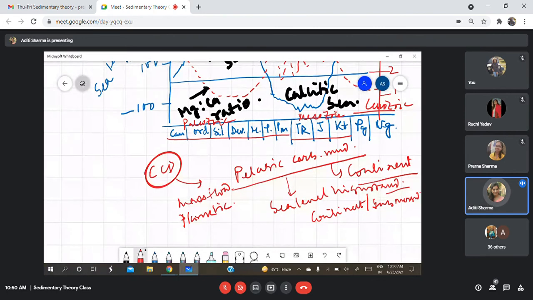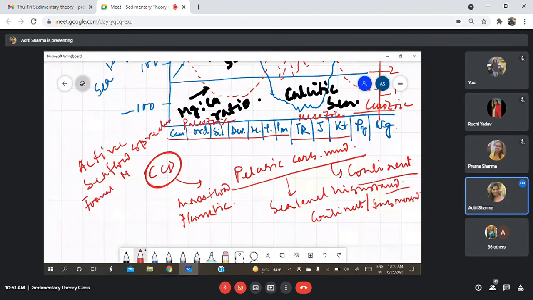Then when this high sea level stand comes, you have active sea floor spreading, formation of MOR, mid-oceanic ridges, and active marine volcanism and plate reorganization.